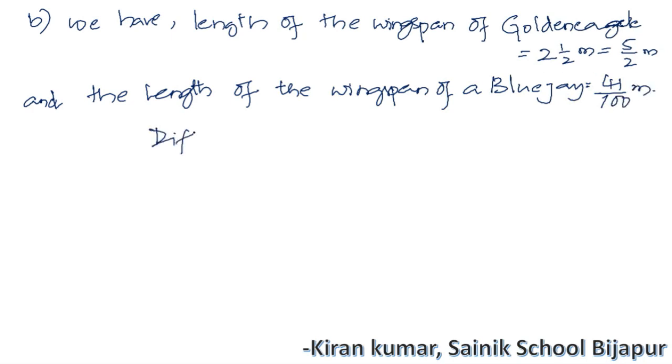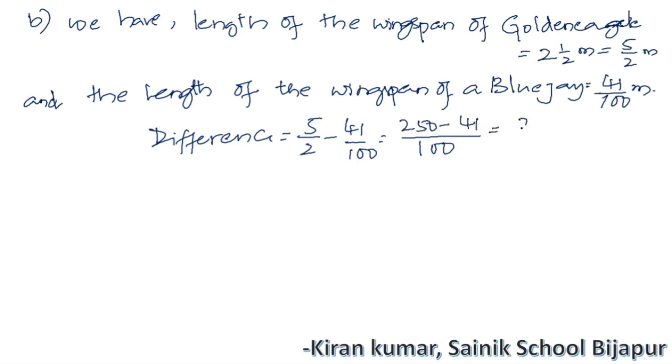Hence we find the difference. The difference is 5 by 2 minus 41 by 100, and the LCM is 100. So 250 minus 41 is 209 by 100 meters.